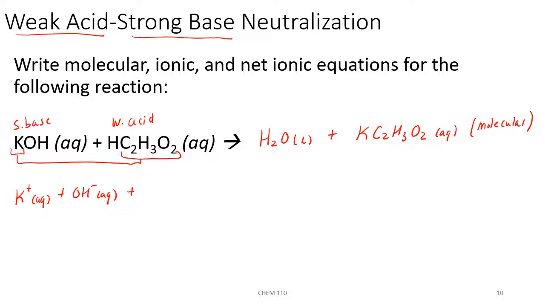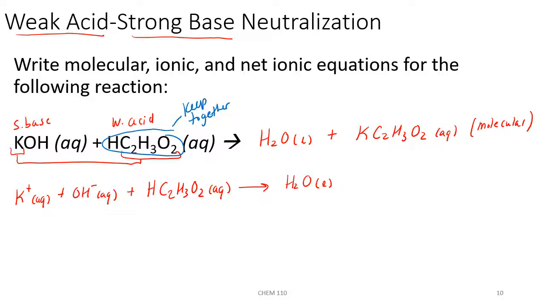So whenever we have a weak acid or a weak base, we want to keep it together in our ionic equation because it really isn't dissociated into many ions. So we're going to write HC2H3O2 aqueous, keeping that together. And on our product side, we keep water together because it's a pure liquid. And we're going to break up our potassium acetate because it's soluble. So this would represent our ionic equation.